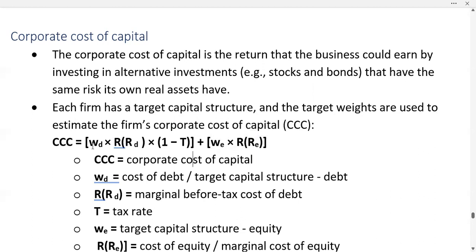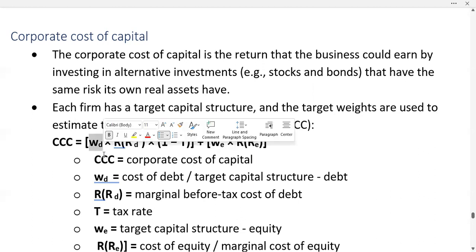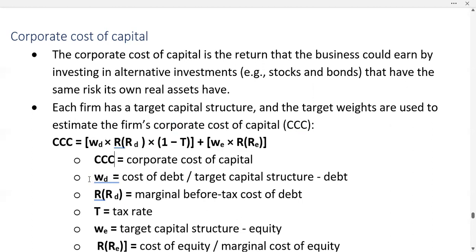The cost of debt will be calculated as your target capital structure debt, which is WD, multiplied by your marginal before tax cost of debt, or RD in this case, and then also multiplied by the after tax calculation, which is 1 minus T, where T is the tax rate.